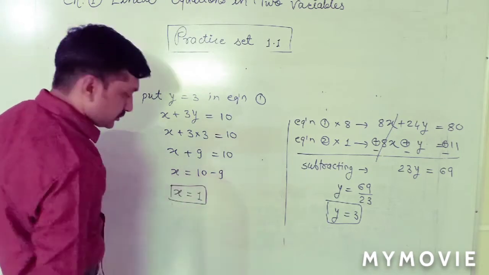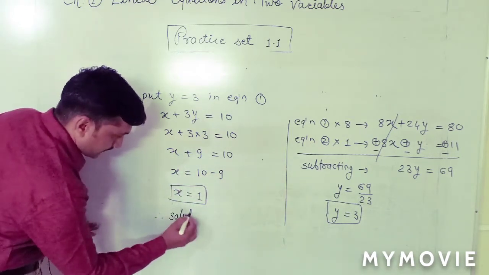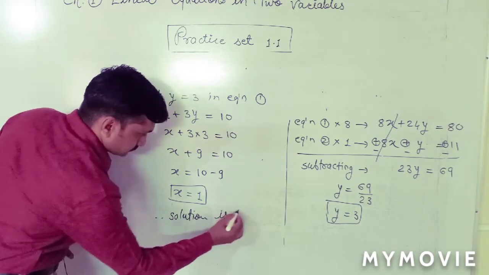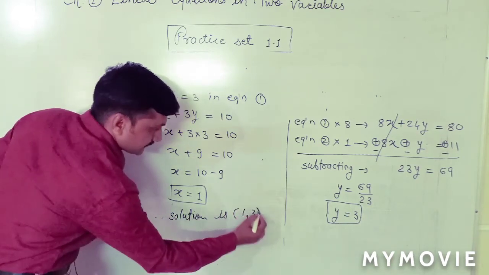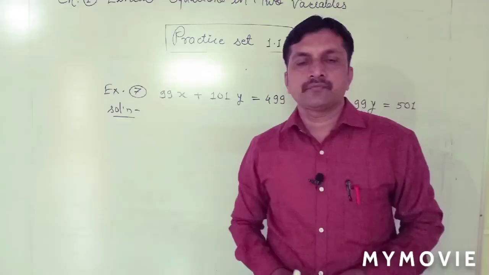The value of y is 3, and this is the value of x, 1. Therefore the solution is (1, 3). This is the solution of this example.